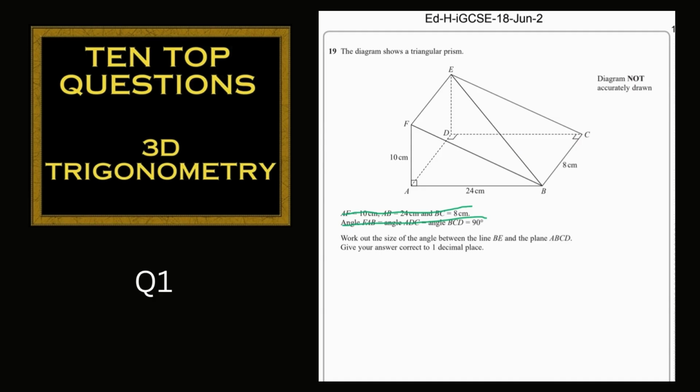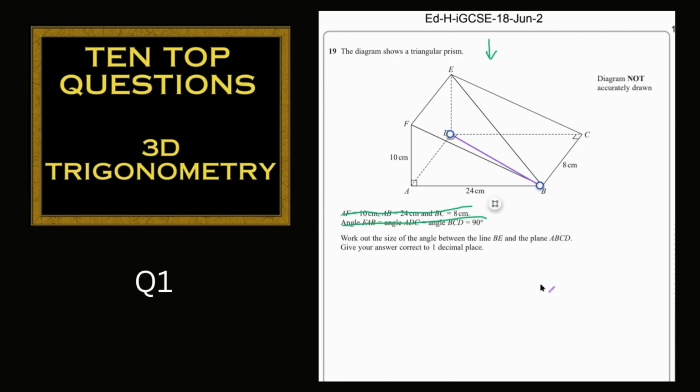Now, if you are the sort of person who's never sure where to draw your line, think about if there was a light shining from above, looking at the plan view, where would the line BE cast its shadow? Its shadow would be cast there.